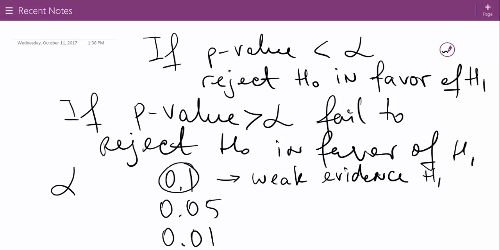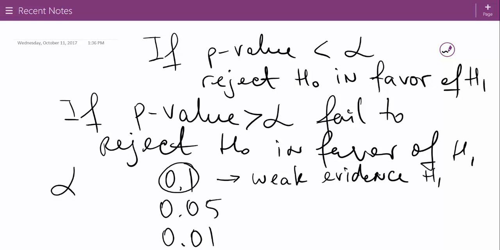So anything below 10%, I will reject the null. In other words, if the probability to see what I'm seeing is less than 10%, I'm going to reject the null in favor of the alternative. That's considered a relatively high probability. Sometimes statisticians say that's weak evidence, I want strong evidence. The p-value has to be smaller for me to reject the null in favor of the alternative.